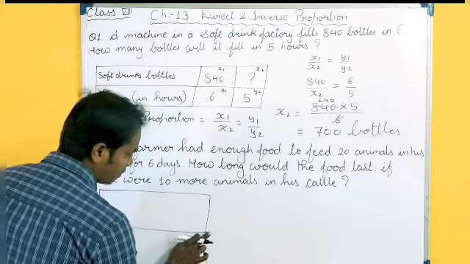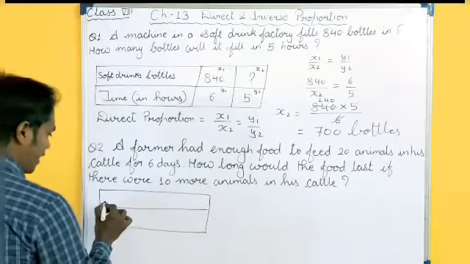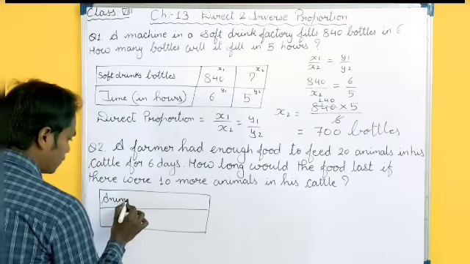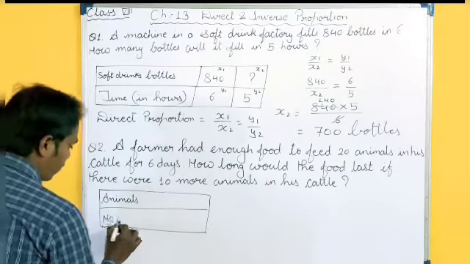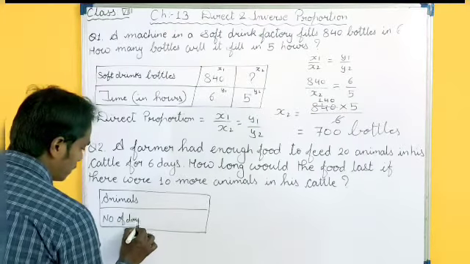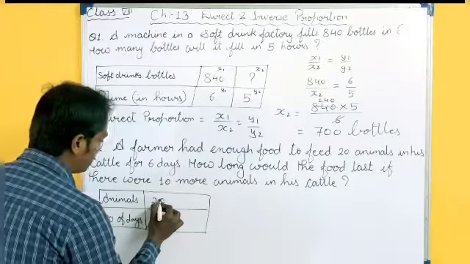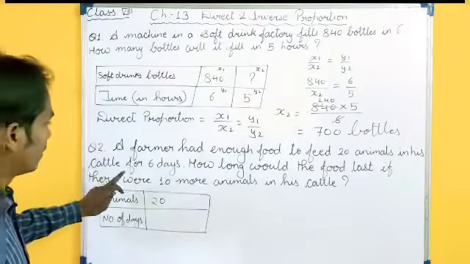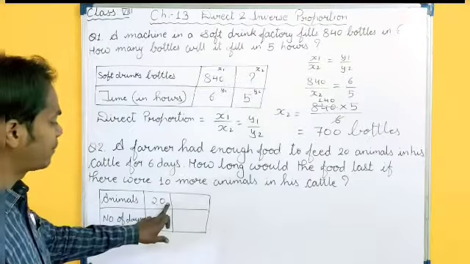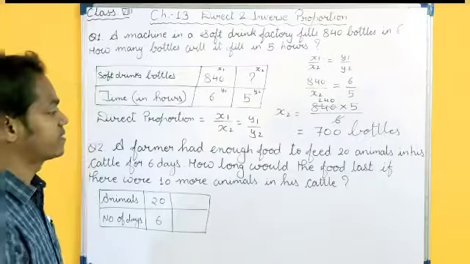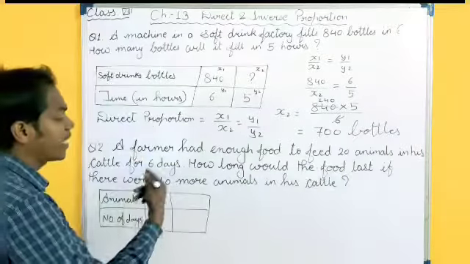Okay, so first I will write here animals. And number of days. Okay, so 20 animals for 6 days. There is food for 20 animals that can last for 6 days. How long would the food last if there were 10 more animals?